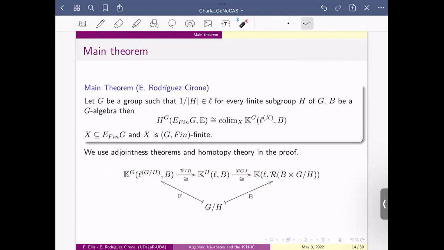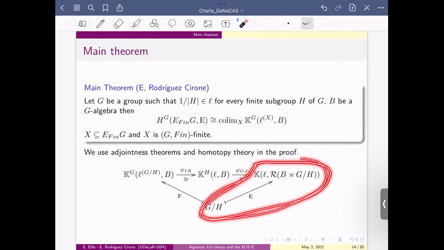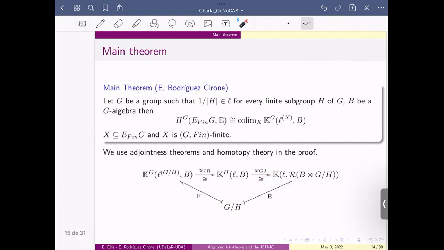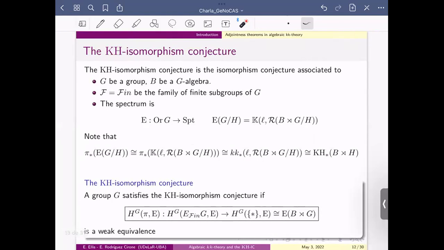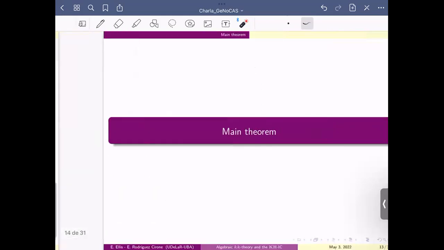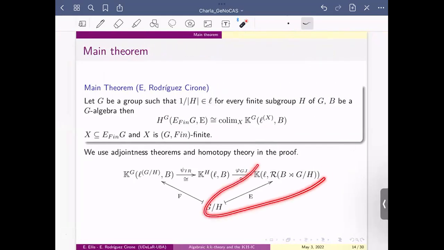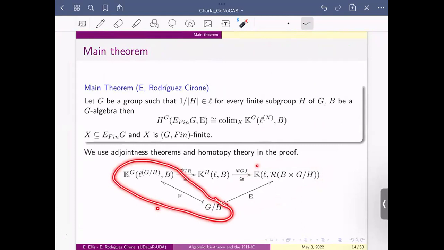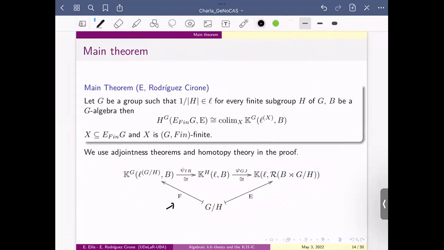If we consider the spectra here, this is the spectra which is used in the KH-isomorphism conjecture. We would like to identify it with this spectra, which is only defined when H is finite. Then this F is an orgy finite spectra.